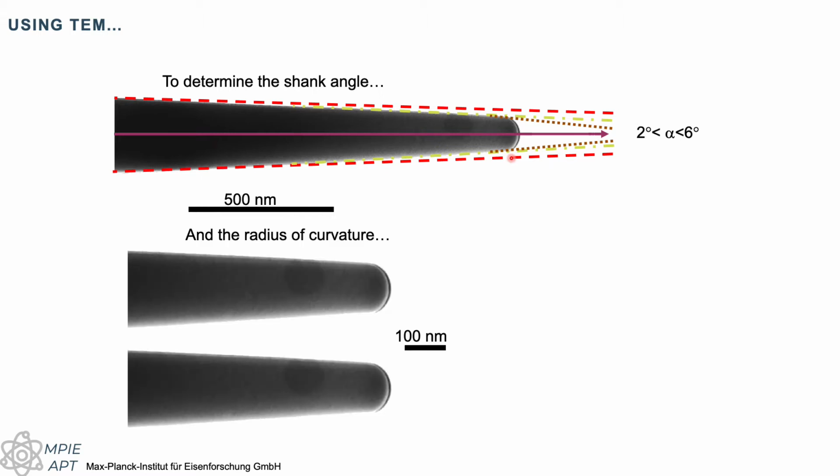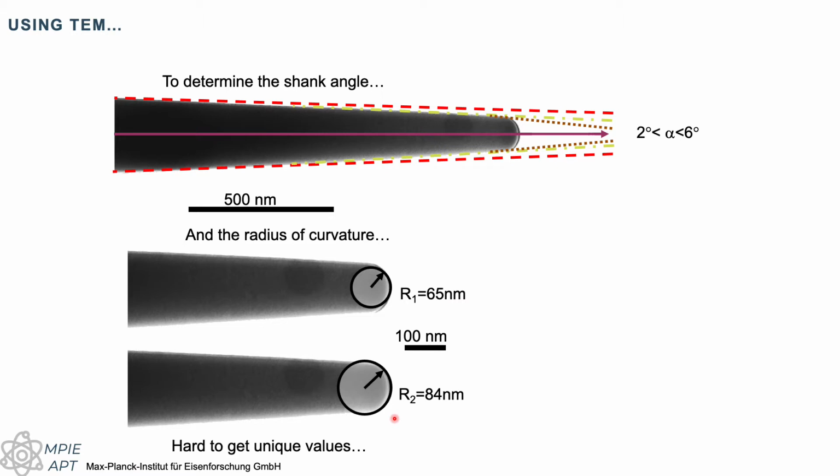And for the radius of curvature, it's kind of the same, right? Because if we start just looking at the apex itself, it might be a bit smaller than if I take the outer edge of the needle. And that's not an insignificant difference. There's 20 nanometers out of 60, so it's a 30% difference between one and the other. So there will always be some inconsistencies and potentially some difficulties to get a unique value.